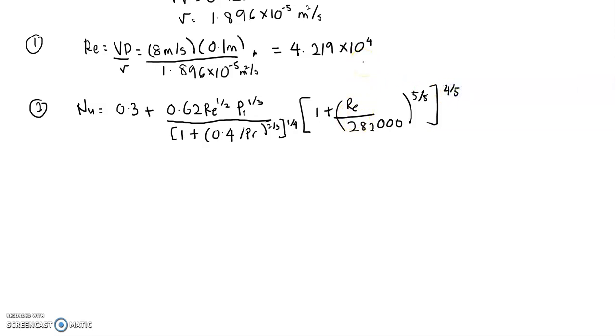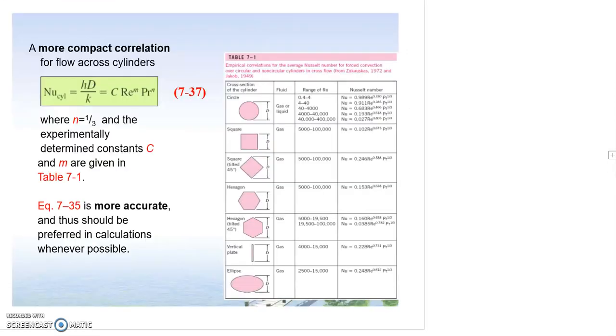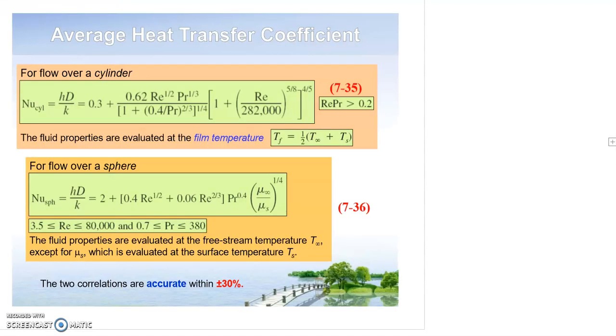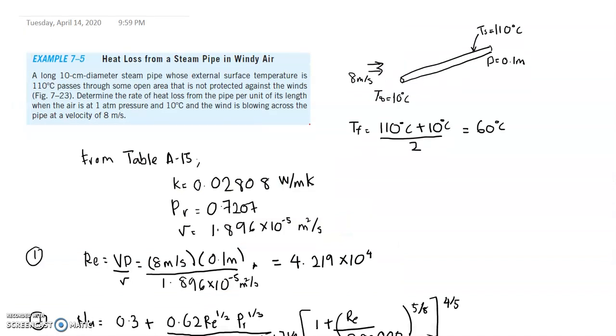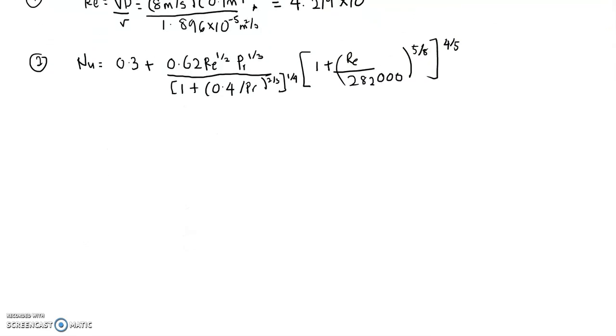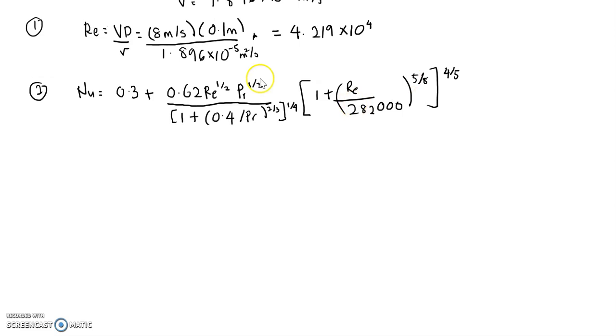It's very lengthy, so let me check if I made any mistake here. Okay, I think it's correct. So you have to plug in all the values. Everything is known, you already have your Re. Once you calculate this, you will get a Nusselt number of 124.